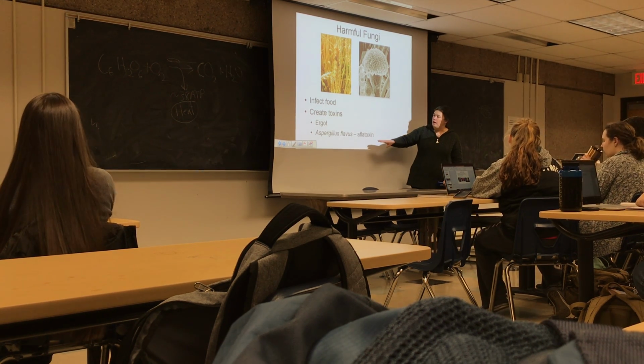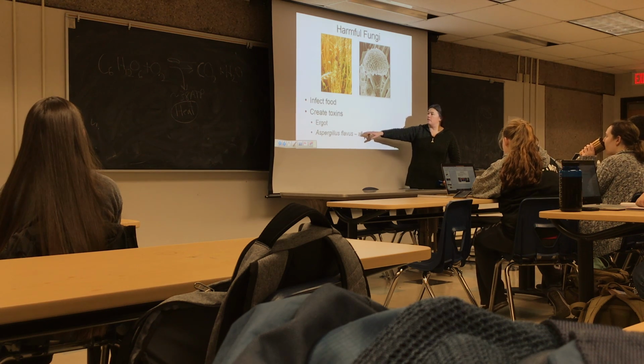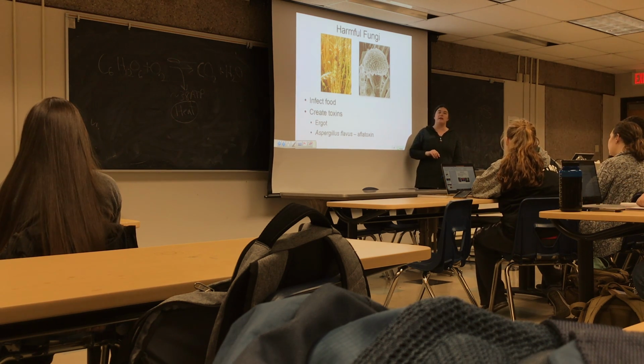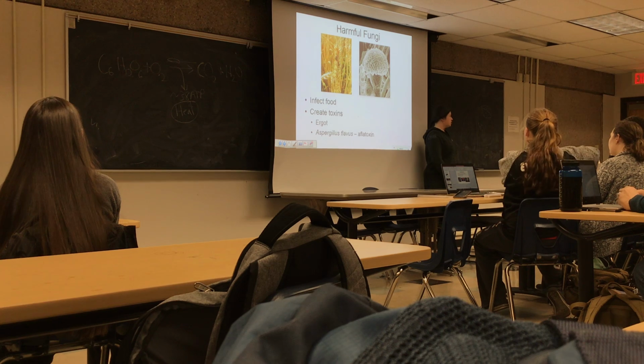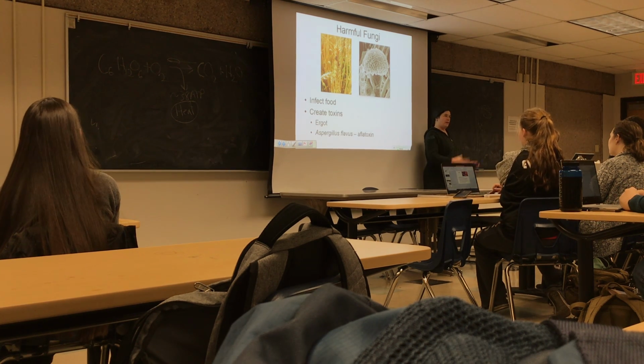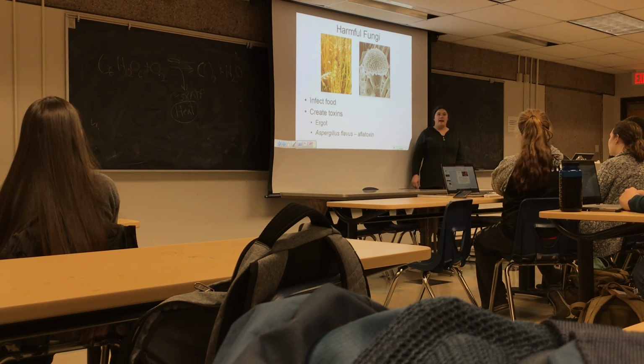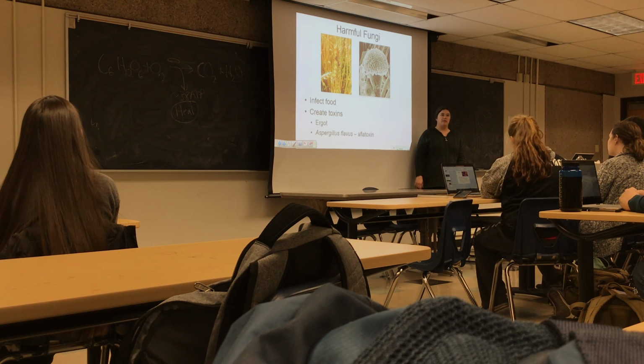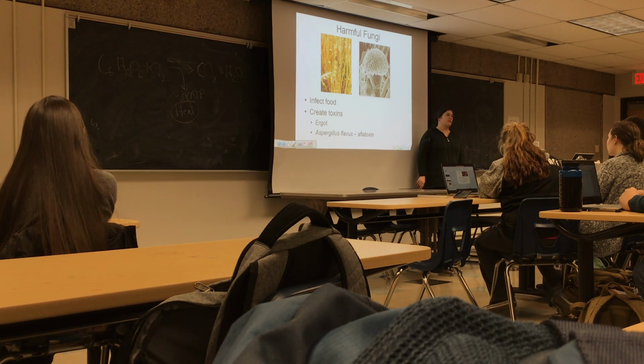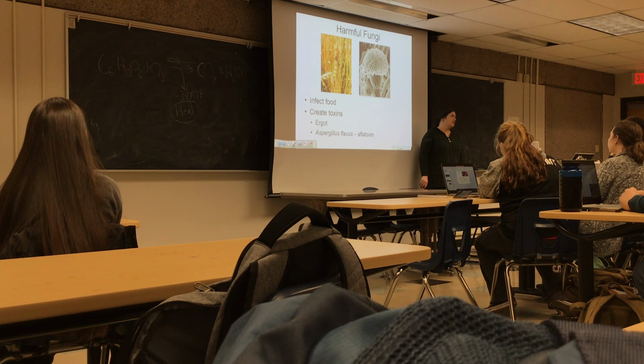Another example, Aspergillus flavus is a particular species of fungus that grows on peanut shells underground, because peanuts are produced underground. Remember I told you guys about the extremely carcinogenic compounds in peanut butter when we were talking about mutation?